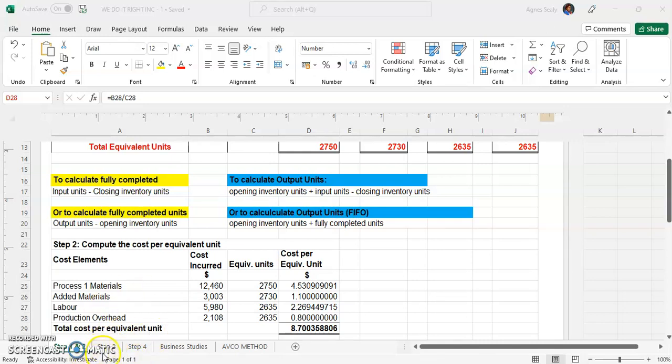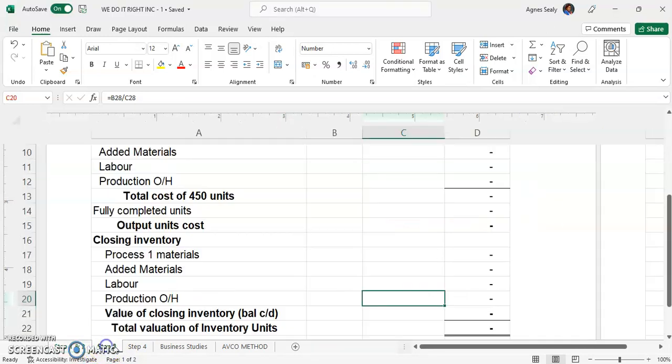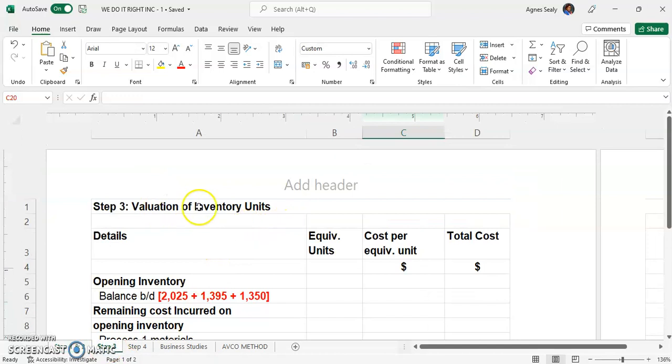So let's go to another sheet with step 3. Here I already have my table prepared for step 3, evaluation of inventory units. I have my details here: equivalent units, cost per equivalent unit, and total cost. It is going to start with our opening inventory.